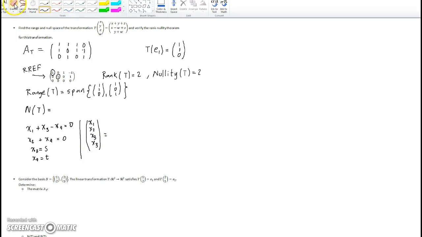So I'm going to choose x3 equal to a parameter s and x4 equal to a parameter t. And with this, I'm going to write my general solution, and this should have been a 4. Let me change that. Should be 4 here. There we go.